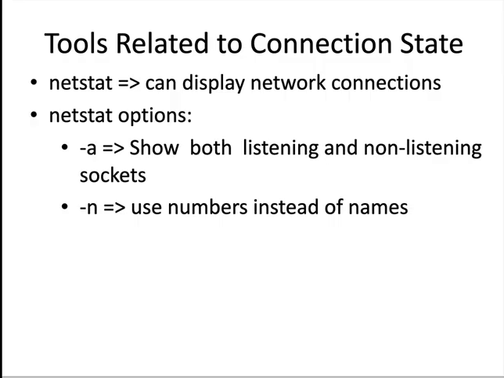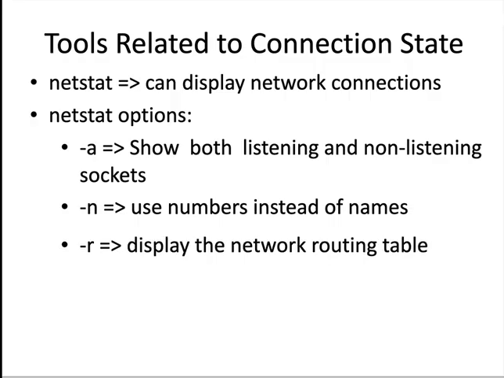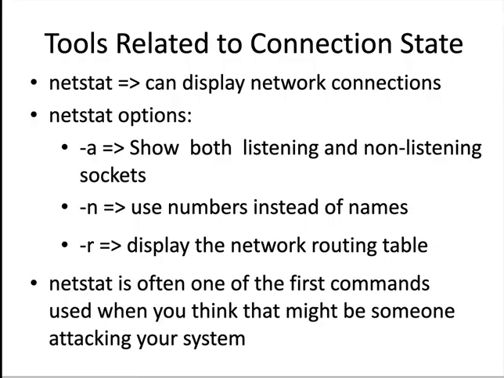A lot of times, or sometimes anyway, we'll need to look at routing tables. netstat with the -r will give you the routing table for the local machine. A lot of times when you have a machine that you think is hacked or misbehaving, netstat will often be one of the first commands you issue to see if you have any, quote, strange connections to your machine from other countries, for example, when there only should be connections from your country or your state.